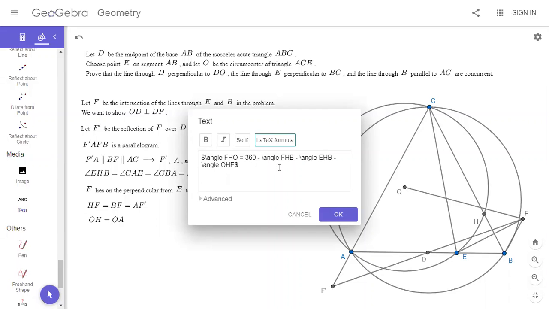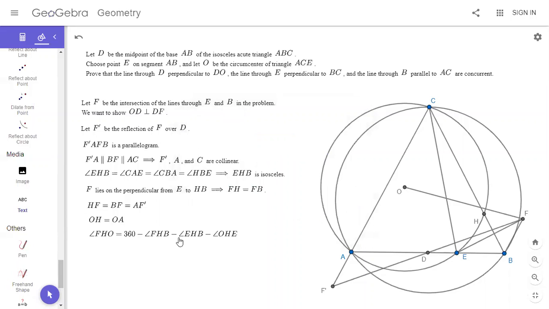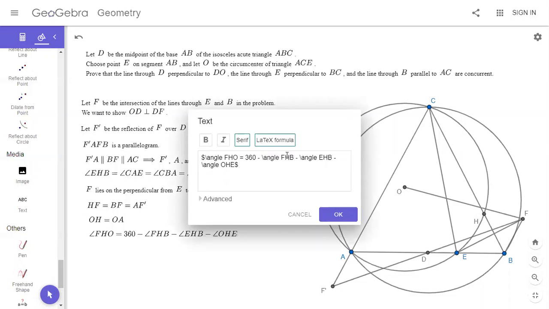Let me see if there's a better way, actually. Actually, let me just write it like this: minus angle FHE. I'm just going to combine two of those. And angle FHE is equal to angle FBE.